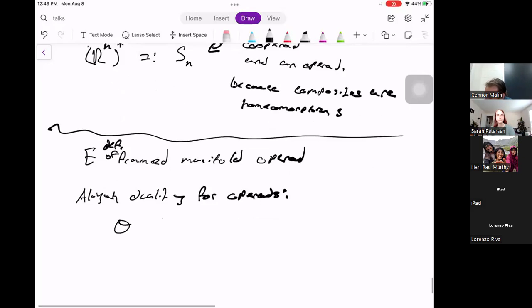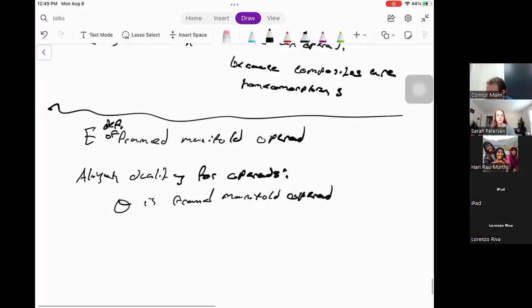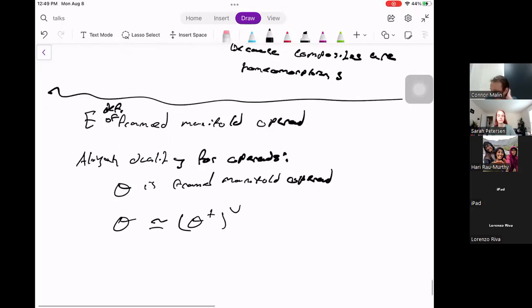If O is a framed manifold operad, we're going to have an equivalence: O is equivalent to O plus dual.